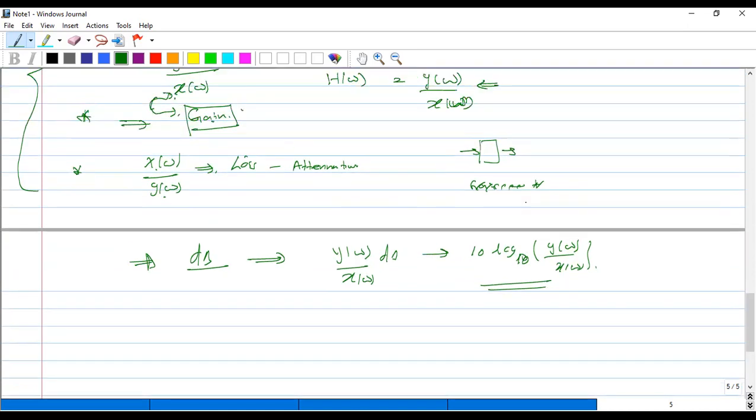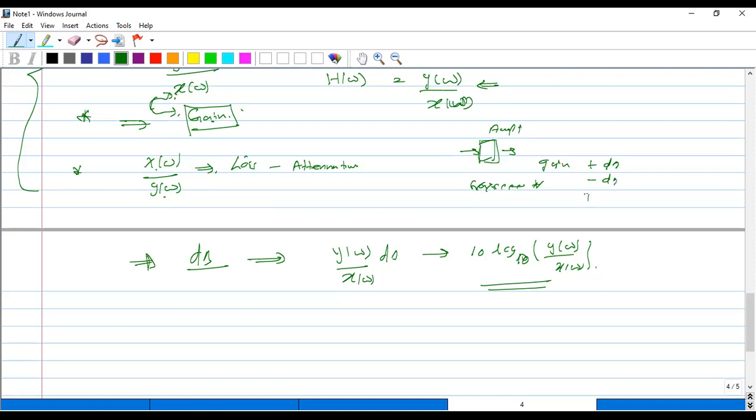Now my question is, if you use an amplifier, is this gain a plus dB value or a minus dB value? Yeah, very good.